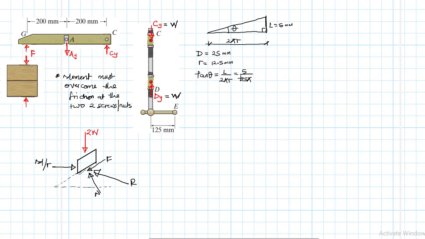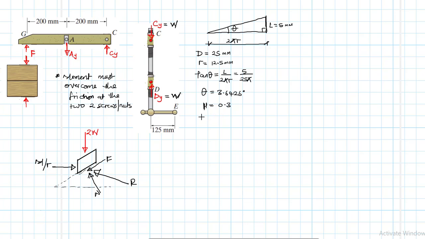So let's do the calculation. What do we get? Theta is equal to 3.6426 degrees. We have also been told that mu, the coefficient of static friction, is equal to 0.3.